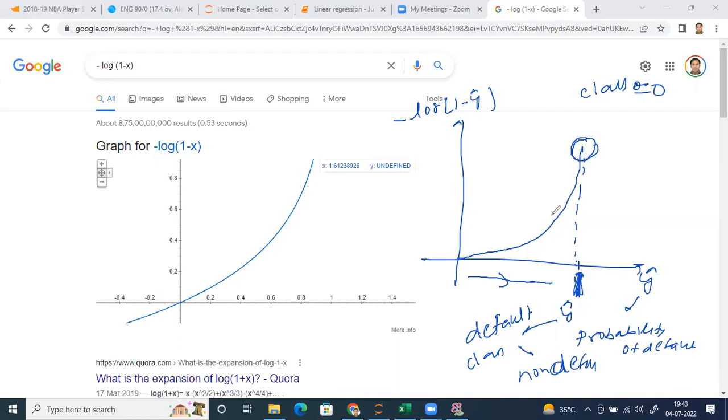The more your probability decreases, the more your chances of belonging to the non-default class increase, and when the chances of the non-default class increase, automatically your loss decreases. Right or wrong? Please tell me. Right, sir. Okay, this is why we have taken this.